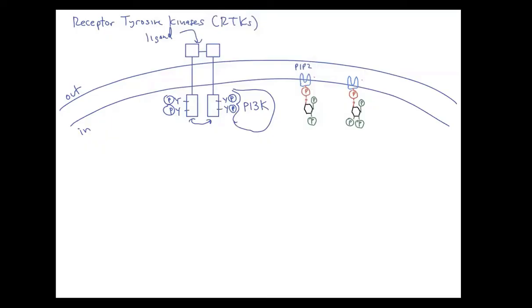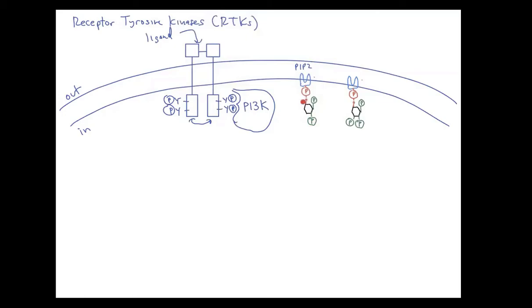the membrane. And the reason why it's called PI3 kinase is it's going to phosphorylate this phospholipid here called PIP2, and it's going to phosphorylate it at the 3 position in the inositol head group here.